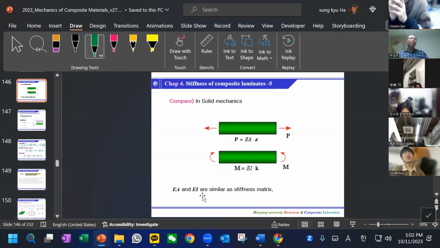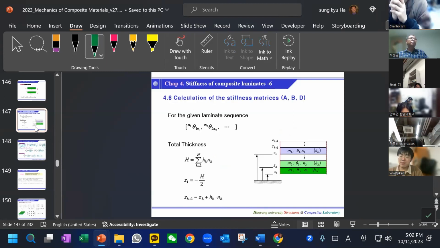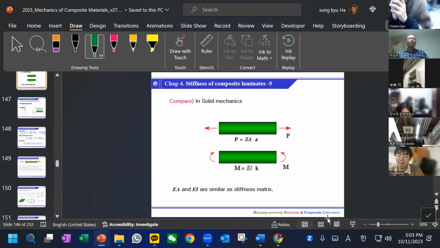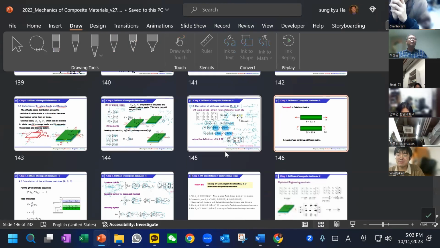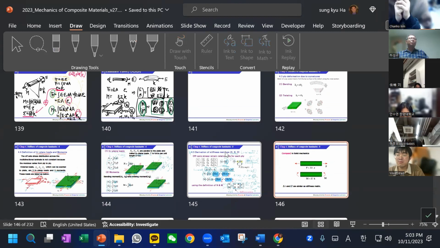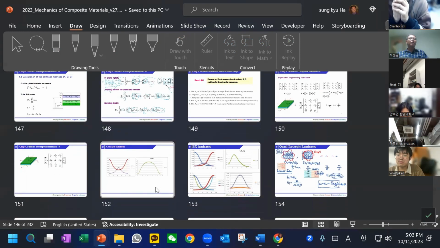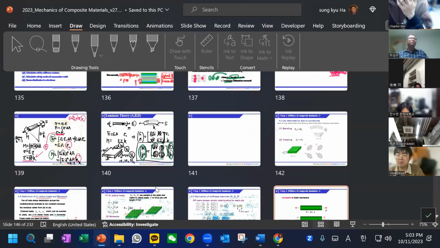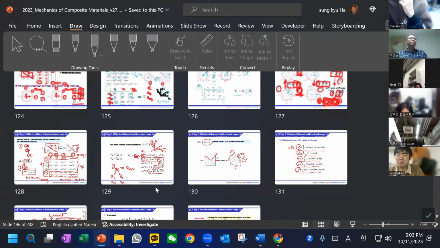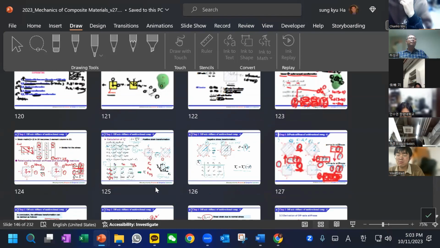So EA and EI are the stiffness. Okay, and then we have... I don't mean to just skip that, but I would like to emphasize the final concept of the equations.